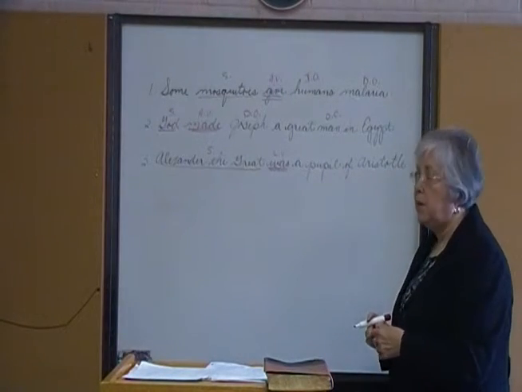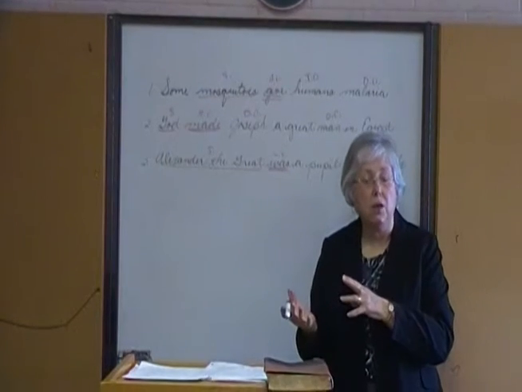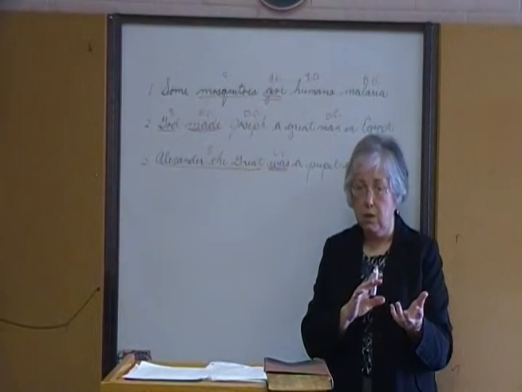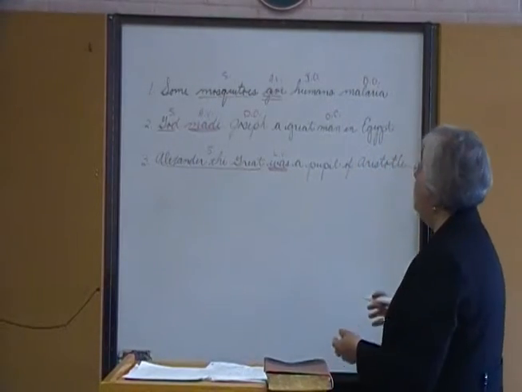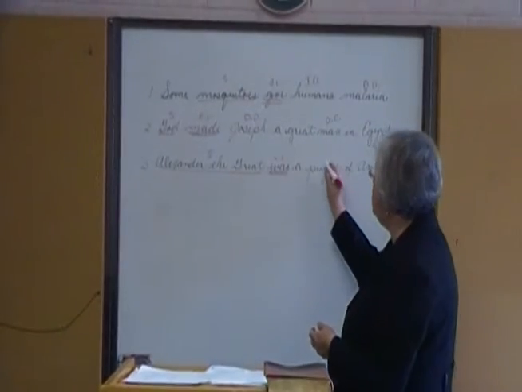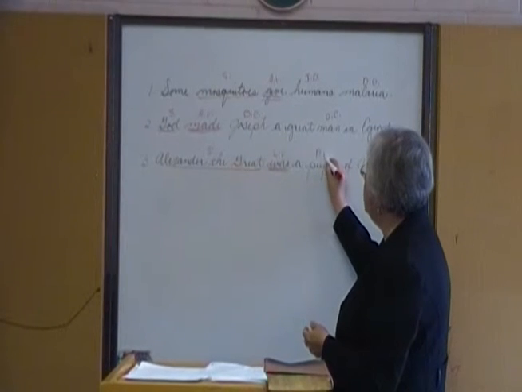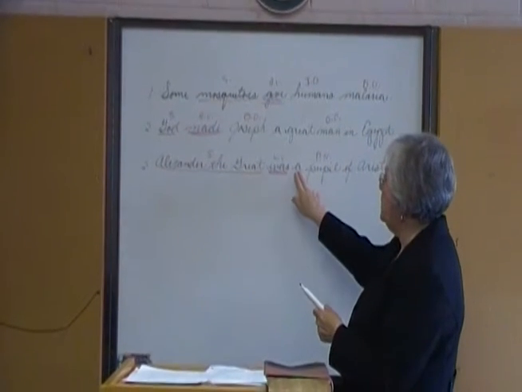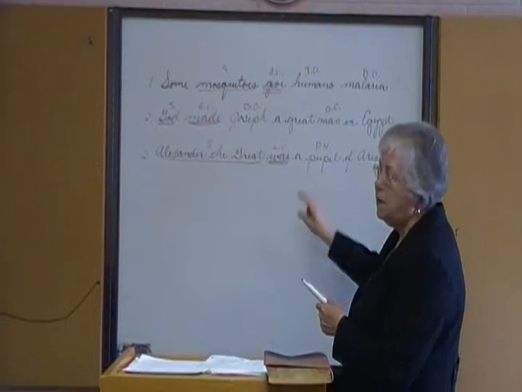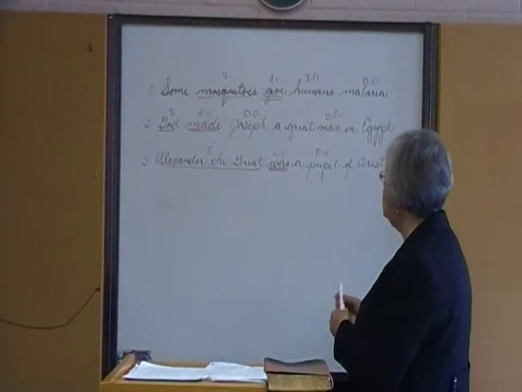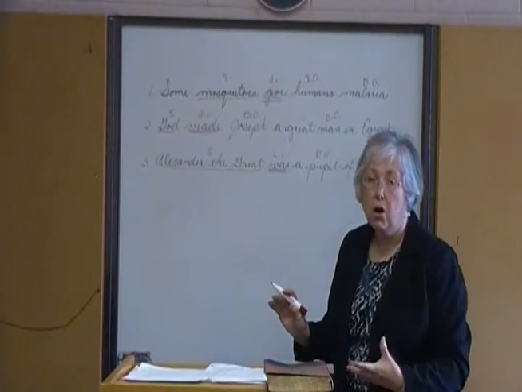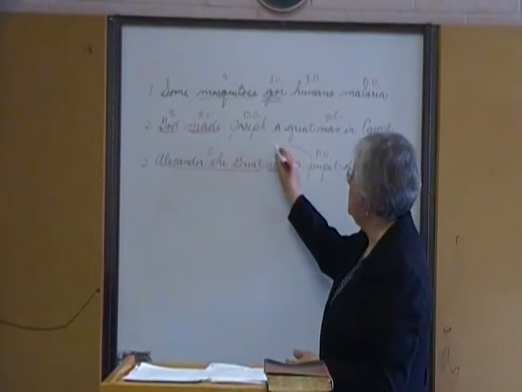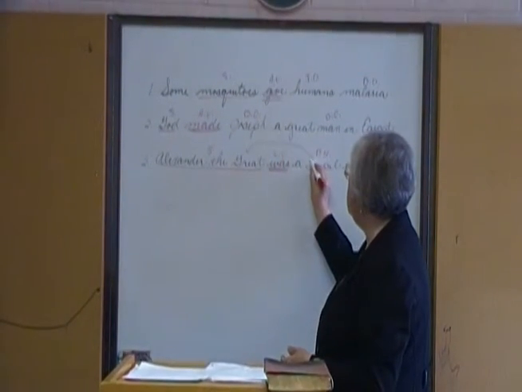We have a linking verb, therefore we know it's either followed by a predicate nominative that renames the subject or a predicate adjective that describes the subject. Was a pupil. Pupil is a noun. It's a predicate nominative. We have an article in front of it, and articles usually come before nouns. Pupil and Alexander the Great are the same. It's just identifying it and renaming.